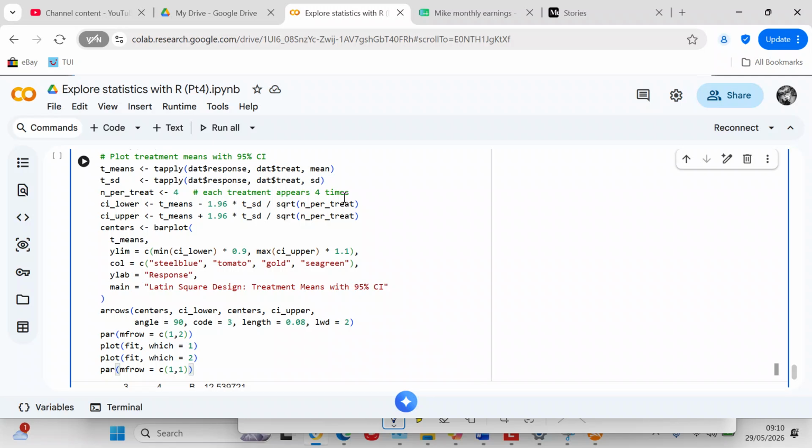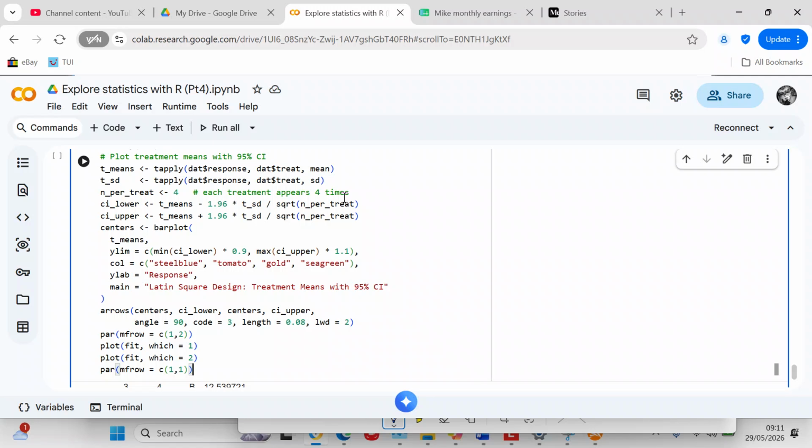Color is a vector: steel blue, tomato, gold, and sea green. Ylab, that's the label on your y-axis, is response. And main is the title of the plot: Latin square design. Treatment means with 95% confidence interval.